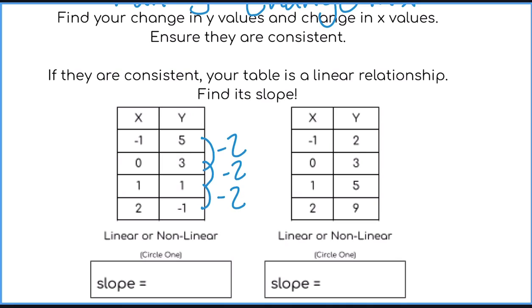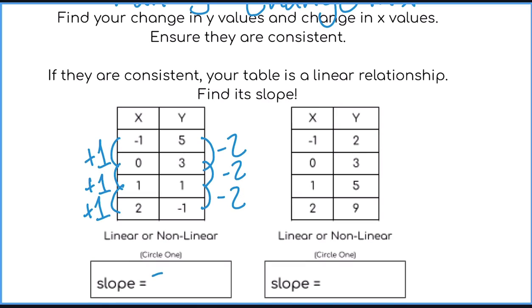And then we can do our x's now. So our change from -1 to 0, from 0 to 1, and from 1 to 2. So our slope is our change in y over our change in x.